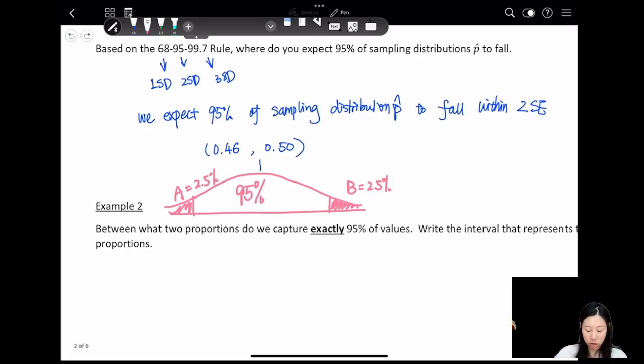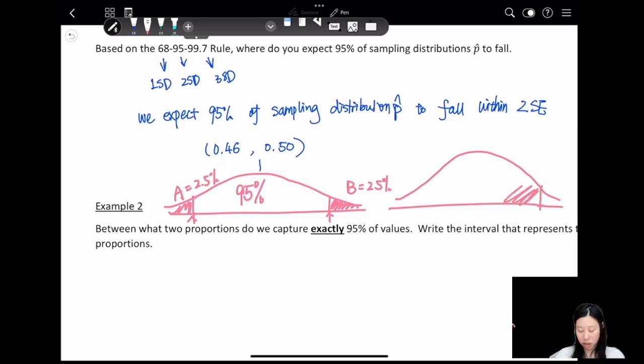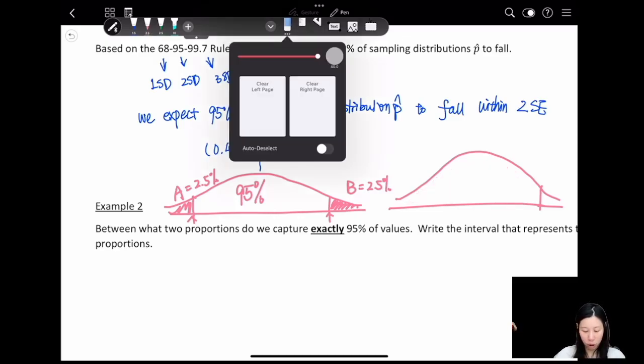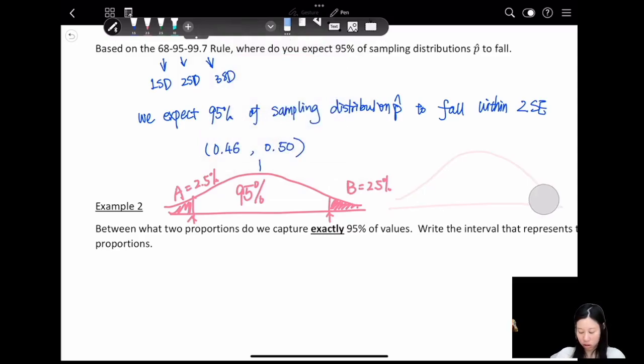So now we're trying to find the cutoff value, right? So now take a look. That means if we can find this part, or this part, oops, sorry, the 2.5%, whenever x is greater than that, then we will find the cutoff value.